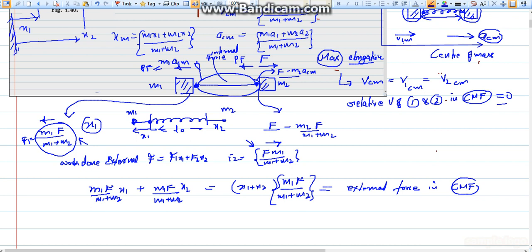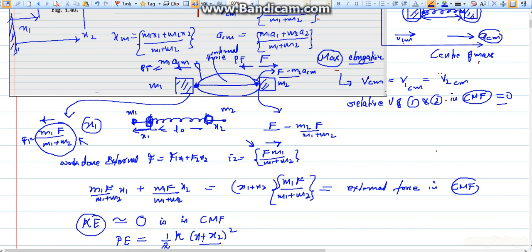What is the kinetic energy of the system in center of mass? The two masses are not having any relative velocity in center of mass. So kinetic energy is 0 in the center of mass frame. And what is the potential energy? The potential energy stored by the spring is half k (x1 + x2) whole squared. x1 was extension on one side, x2 on the other side. Total extension is x1 + x2.